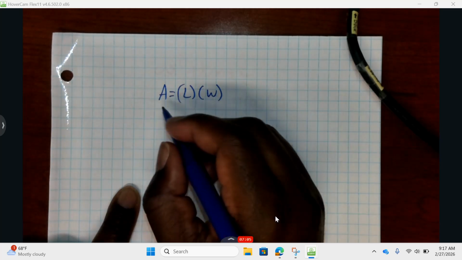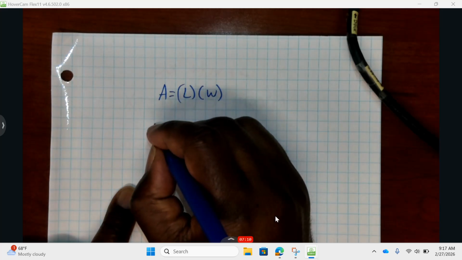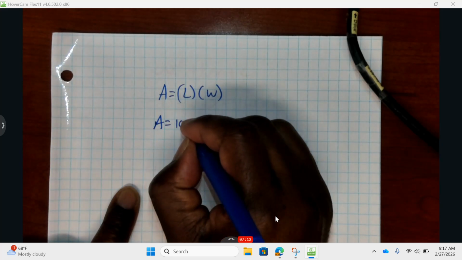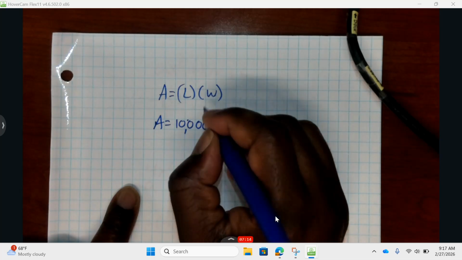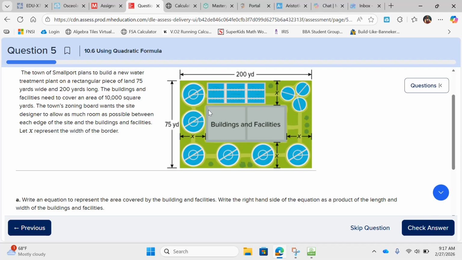Okay, so if the area is supposed to be 10,000, and going back to the actual problem itself, they say that the land is 75 yards wide, so this is the width right here. Okay, so if I just wanted the buildings and facilities, to see how wide it was, it'll be 75 minus 2x.